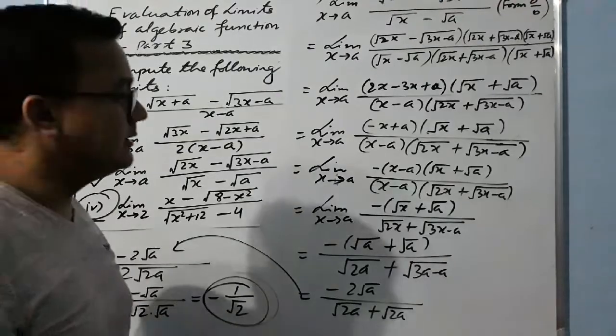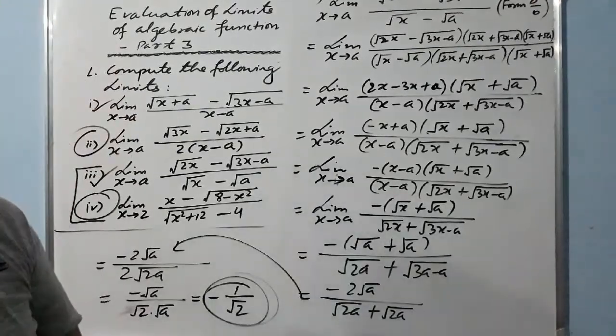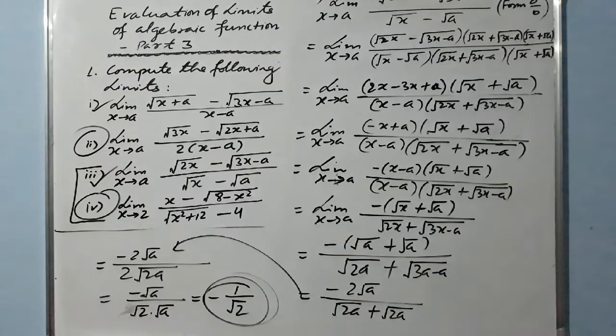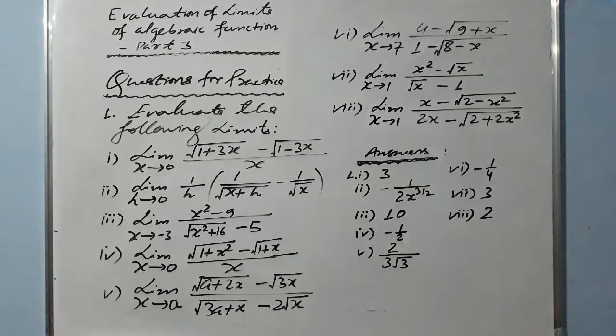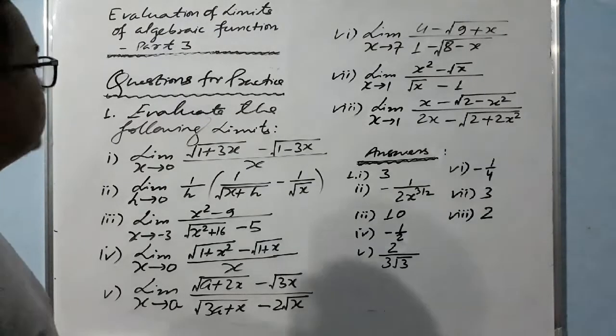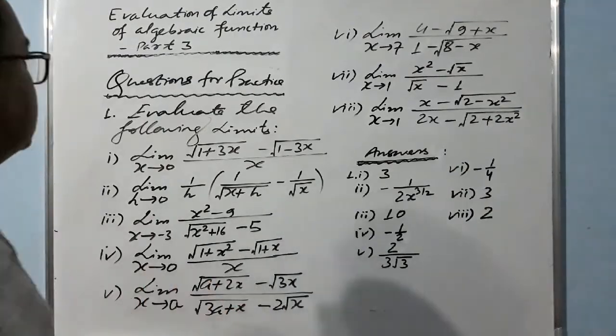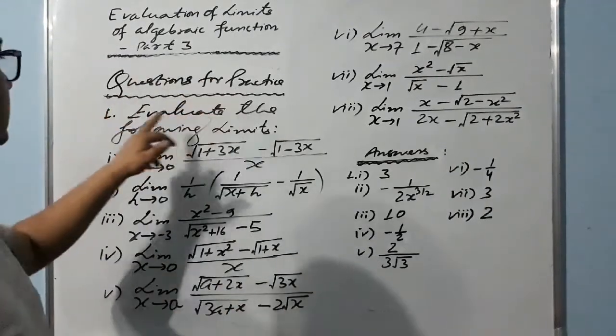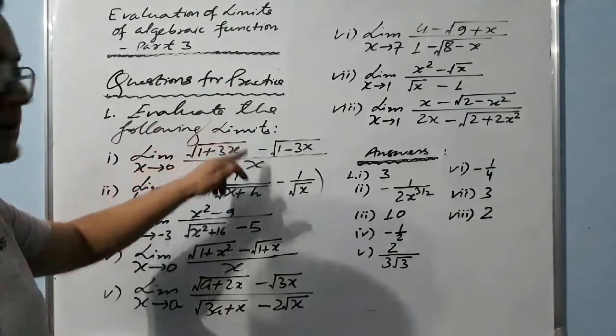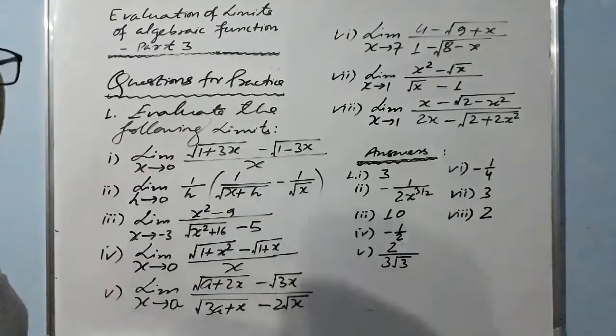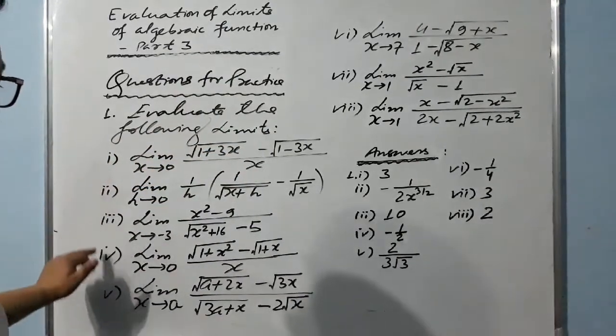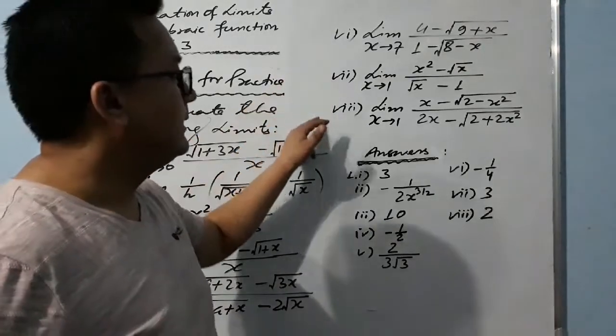Okay, so alright, now let me write down the equations for you. I've written questions for you for practice. Questions for practice. Evaluate the following limits. I've given you 8 questions: 1, 2, 3, 4, 5, 6, 7, 8.